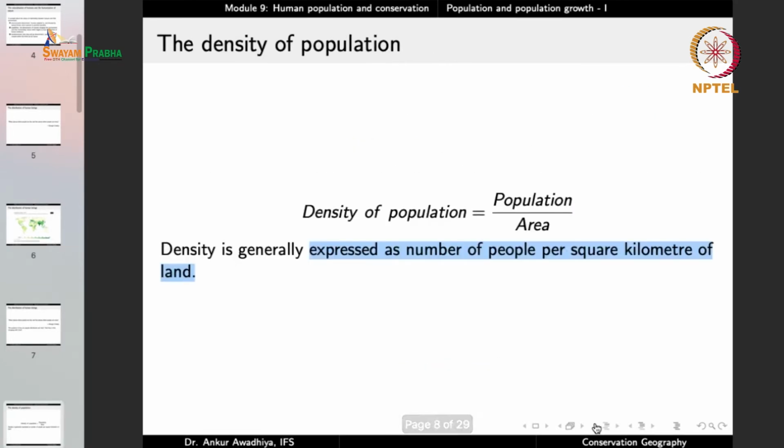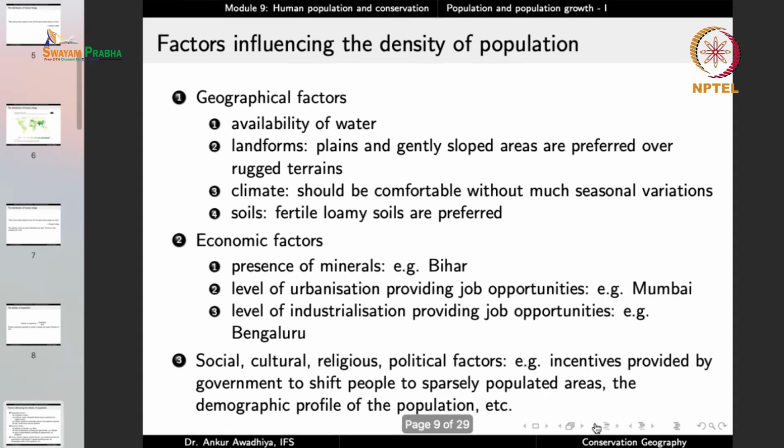So this is population density, number of people per unit area, generally number per square kilometer. And there are several factors that influence this density of population. So we have geographical factors, economic factors, social, cultural, religious and political factors.